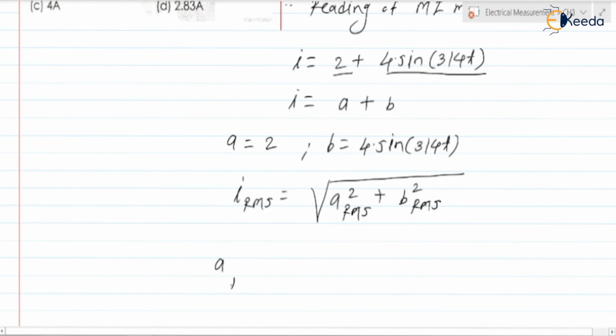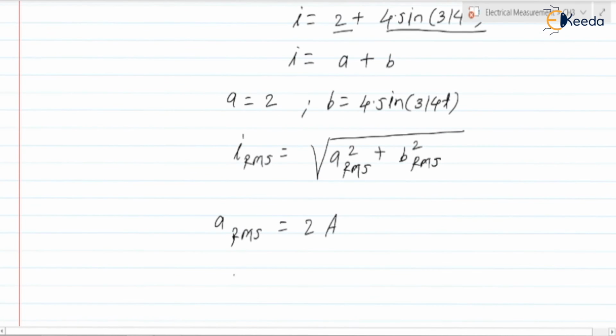A RMS is the RMS value of term A. A is constant, it is 2 ampere. The RMS value of any constant term is the same as its magnitude, so it is 2 ampere. What is B RMS? B is the sinusoidal term. For any sinusoidal term, the number before the sine, this 4 here, is the peak value.